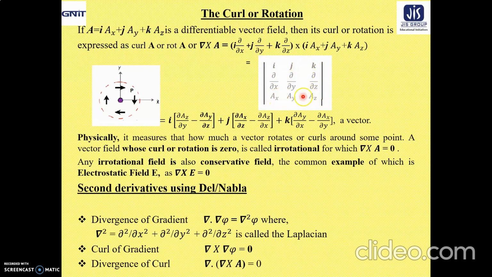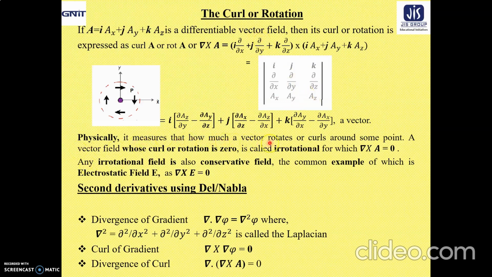Then how to expand it? i cap times del del y of A z minus del del z of A y, plus j cap times del del z of A x minus del del x of A z, plus k cap times del del x of A y minus del del y of A x. In all cases i cap, j cap and k cap are involved, so this is a vector. So curl represents a vector.